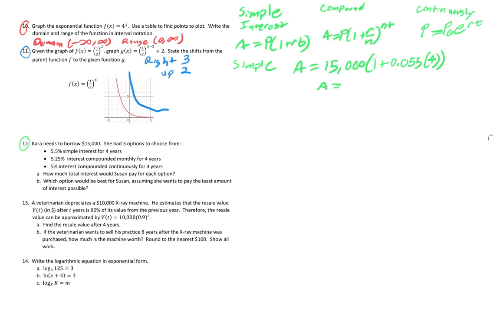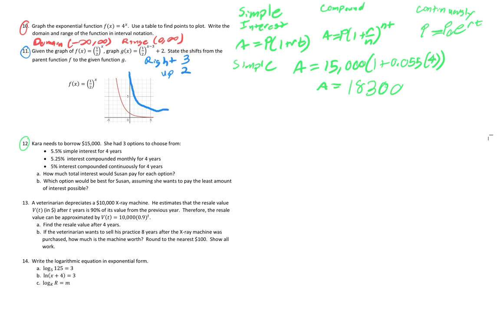So when we plug this into our calculator, we're going to get 15,000 times 1 plus 0.055 times 4. It's going to leave us with 18,300. That gives us how much we have in our account at the end of the time.